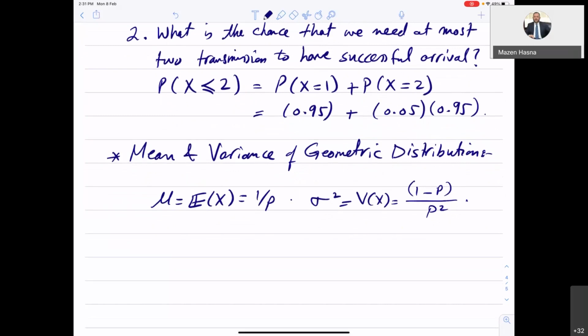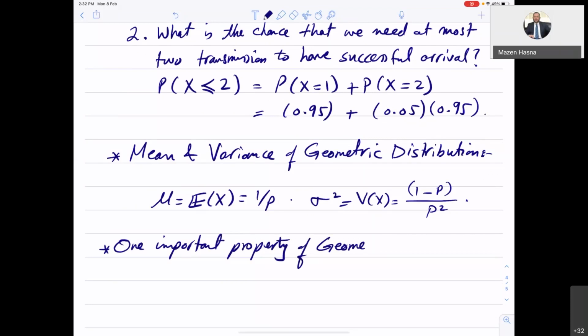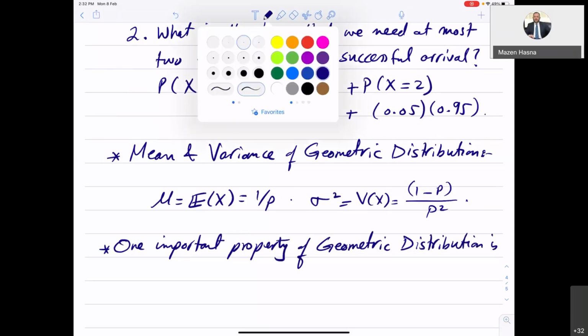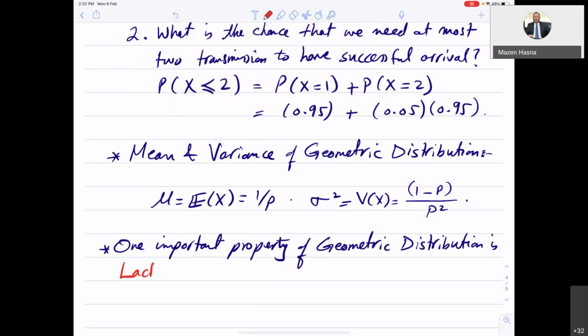Okay. But before we leave the geometric distribution, we have to talk about one important property of geometric distribution, which is what we call lack of memory.